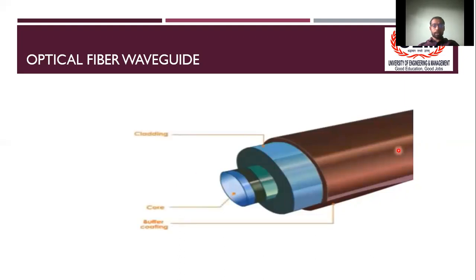As you see here, we have a buffer coating in this brown portion, and this glass region is the core region, through which we want our light to travel, and this is again surrounded by a cladding region which is again a glass material.